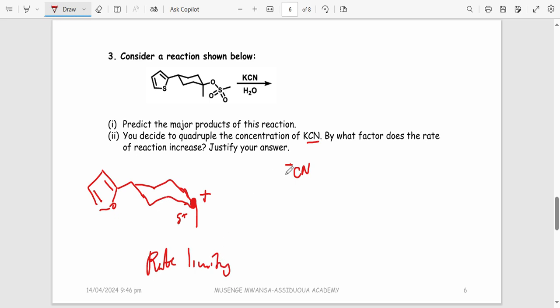And then in the second step, the cyanide is going to come in and attack. The attack can either be from the back or from the front, so our product is going to be a mixture of enantiomers.